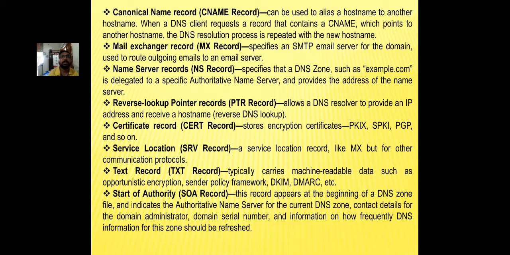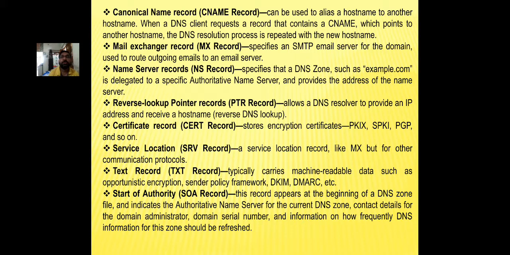Service location record is like MX but for other communication protocols. Text record typically carries machine readable data such as opportunistic encryption, sender policy framework, DKIM, DMARC, etc.